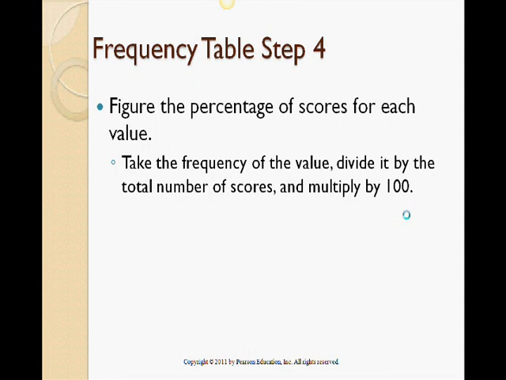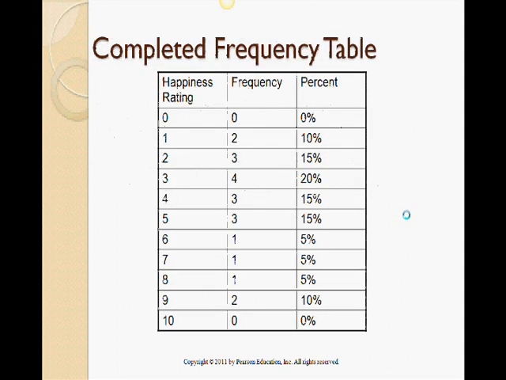So for example, here we have a rating of 1. We have 2 people who had given that rating. So to get 10%, we have a total of 20 scores. We divide 2 by 20, which gives us 0.10, and then we multiply that by 100 and we get our 10%.